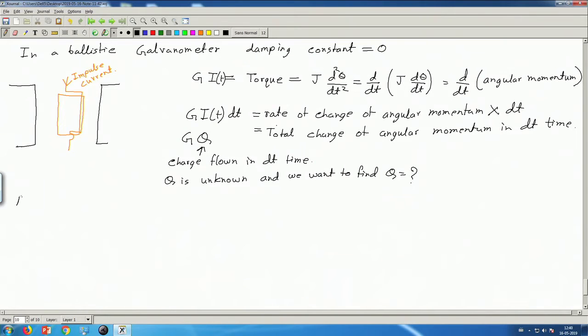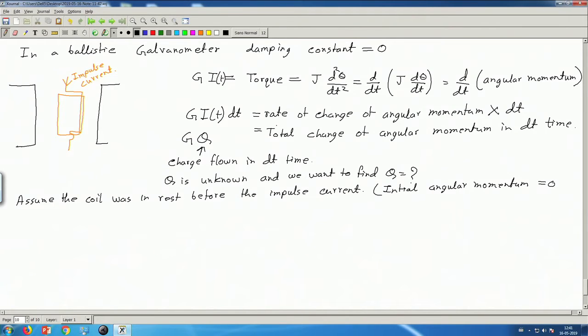Now assume the coil was at rest before the impulse current. So therefore, the initial angular momentum was equal to 0, and the total change of angular momentum, we have found, is equal to GQ.